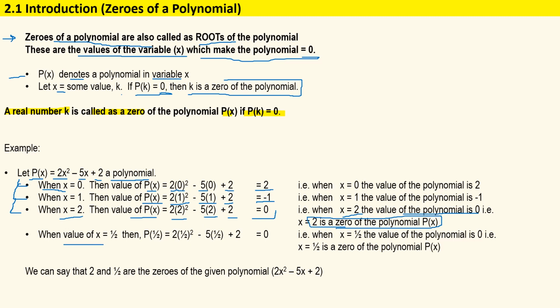Similarly, when the value of x is equal to half, then p(half) becomes 2 multiplied by half square minus 5 multiplied by half plus 2, which is equal to 0. And we can say that half is a zero of the polynomial p(x). So in this example, we can say that 2 and 1 by 2 are the zeros of the given polynomial 2x square minus 5x plus 2.